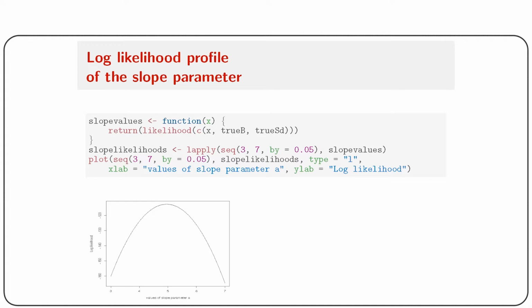Then plot this sequence from 3 to 7 by 0.05 against the slope likelihoods calculated by this expression, with type "l", and that will show how the likelihood varies over the different values of the slope parameter.